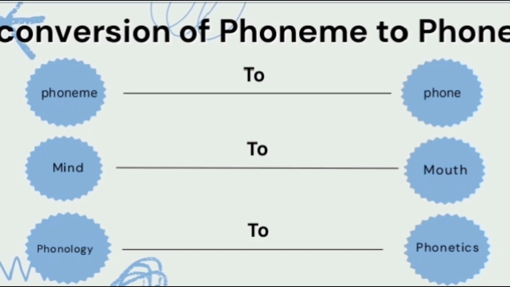In the first circle I have written phoneme, then we have phone. Firstly we have a phoneme in our mind. Then when we utter it out, it is known as a phone. Second is mind to mouth. When a sound exists in our mind, it is known as a phoneme, but when we utter this sound from mind to mouth, it is converted into a phone.